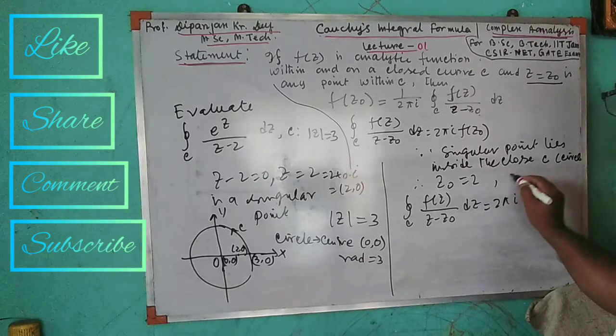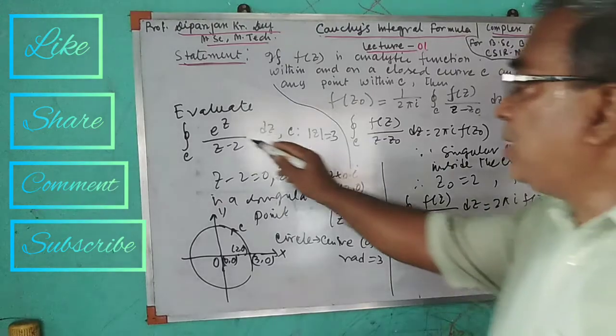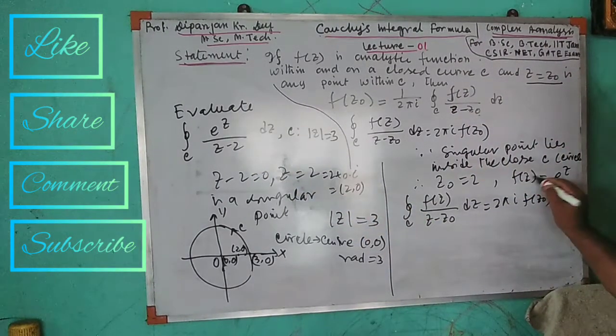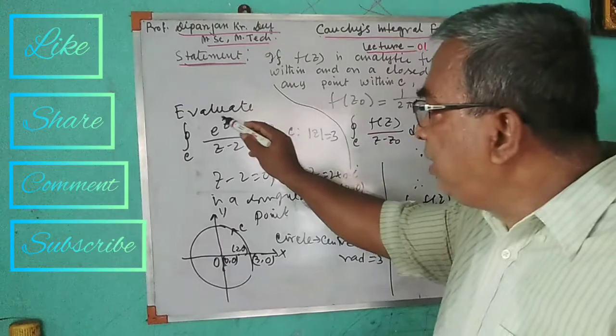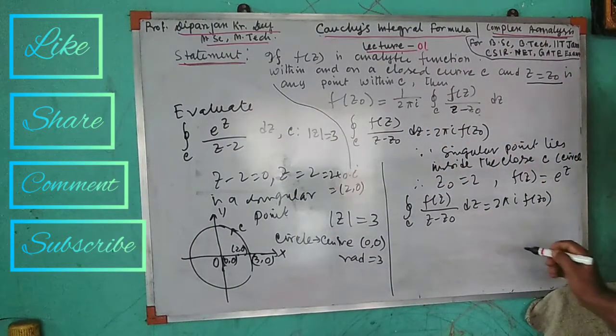Here f(z) is e to the power z. Generally, we take the function of z in the numerator part. This is the rule.